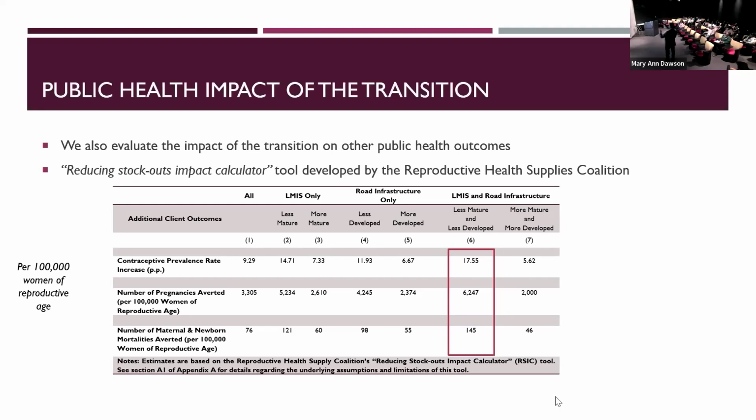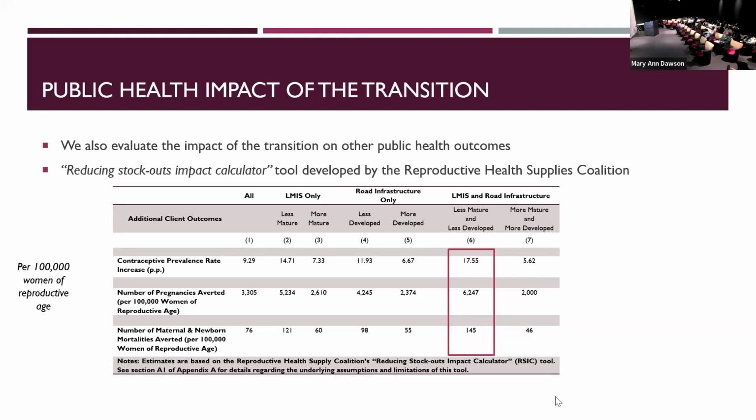Based on that we calculate the contraceptive prevalence rate, the number of unplanned pregnancies that are averted because you have access to contraceptives, and also the number of maternal and newborn deaths that were averted because of more access to contraceptives. From this analysis, for facilities with less mature LMIS practices and less developed road infrastructure, the contraceptive prevalence rate, which is how many people are actually using within the population, increased by about 18%.